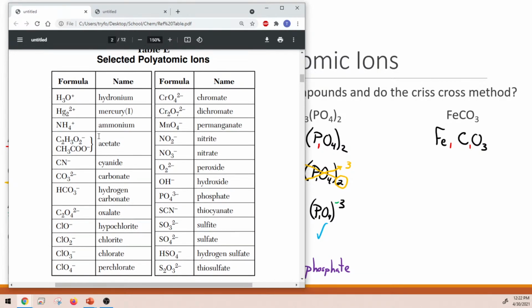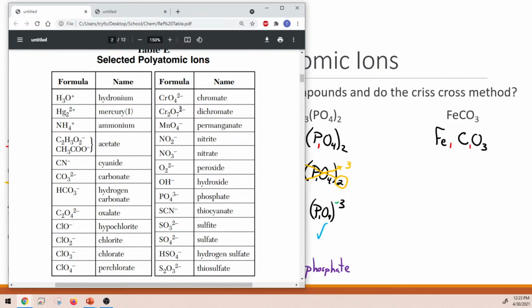Do we see anywhere on here something that matches a piece of what we have in our compound? Right here, we have CO3 together. And if we take a scan, we notice that there's no F's on this table at all.